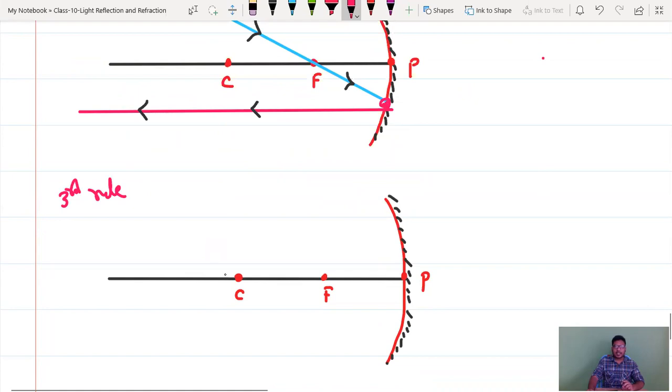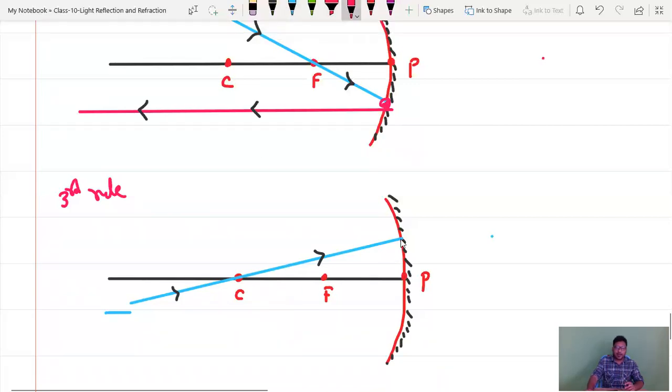If a light is passing through the center of curvature, so the incident ray is passing through the center of curvature, after touching the mirror, the reflected ray will be in the path of the same incident ray because it acts as a normal ray.